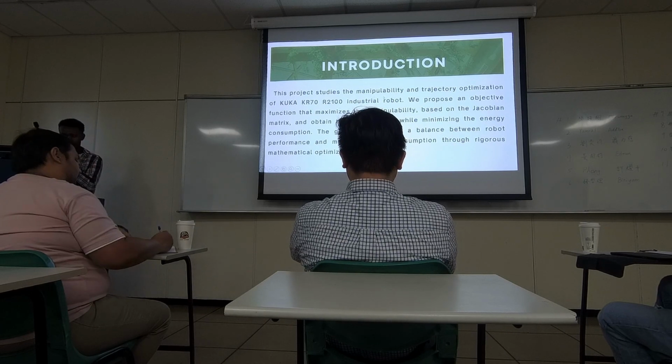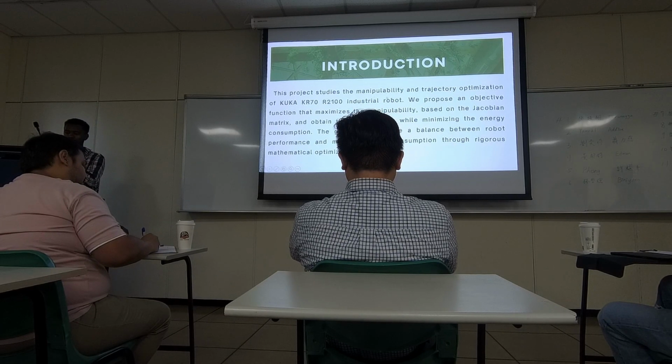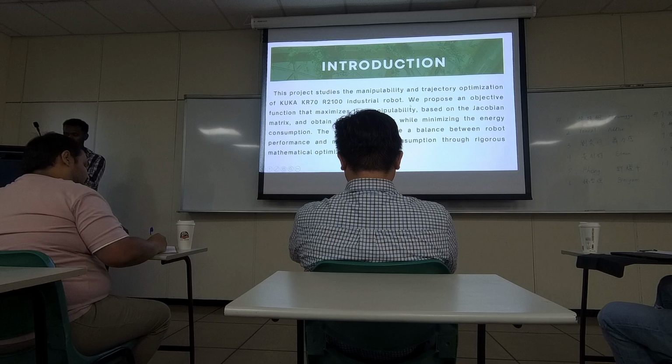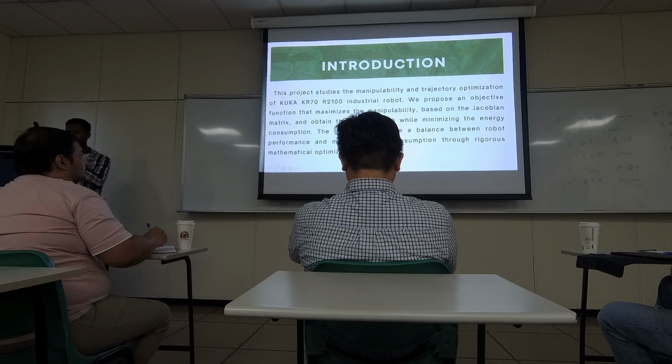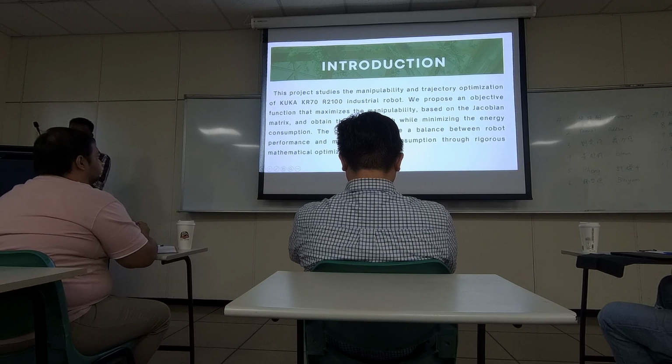This project studies the manipulability and trajectory optimization of the Comau KR70 R2100 industrial robot. We propose an objective function maximizing the manipulability based on the Jacobian matrix, and obtaining the optimal path while minimizing the energy consumption.